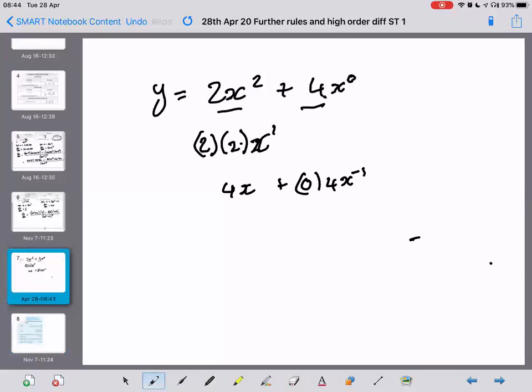Well, 0 times anything is 0. So constants like 4, 10, minus 6, any number you can think of, when we differentiate them, you end up multiplying by 0, they disappear. Happy?